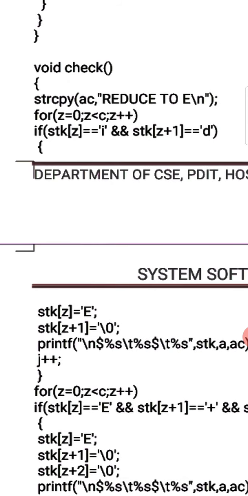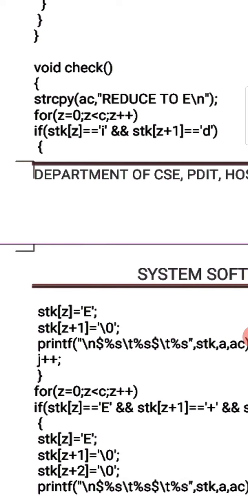Now id is on the stack, that is stack of z is equal to i. Before the first for loop, we invoke a string copy function, so that the entire string in double quotes, reduced to e, is copied onto the ac array.